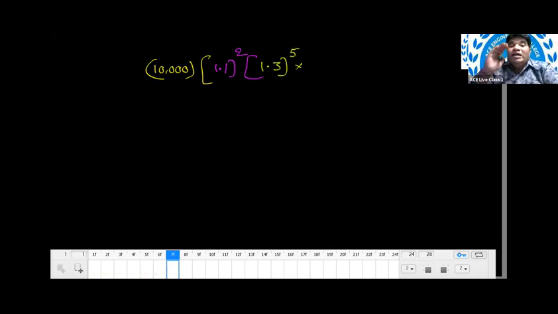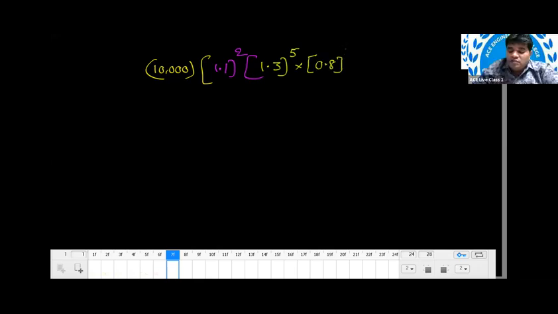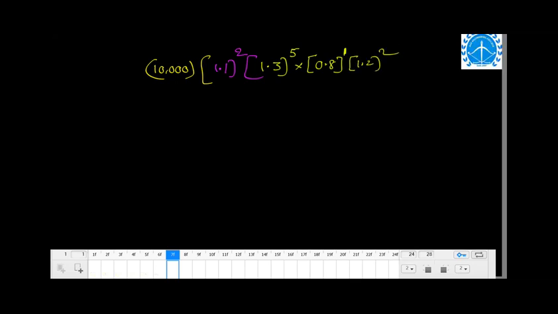After that, 20% decreased in the next year: 0.8, only 1 year. Next year decreased by 1% only. Then again the population increased by 20% until the end of 2 years: 1.2 whole square.